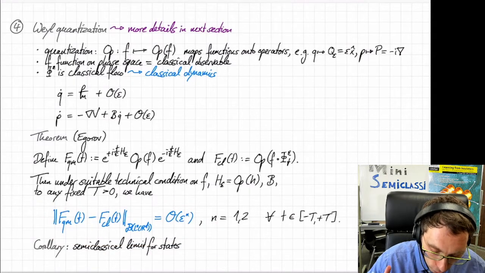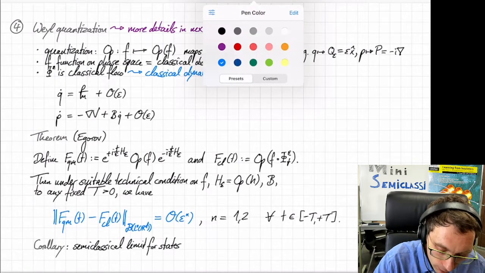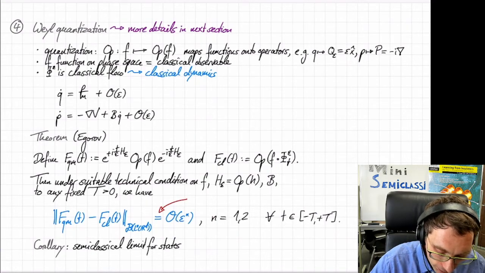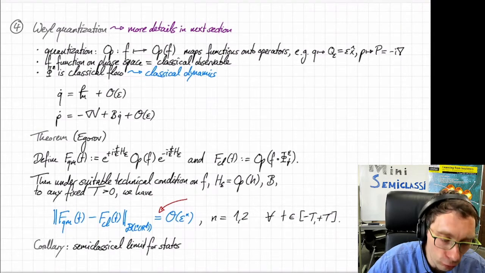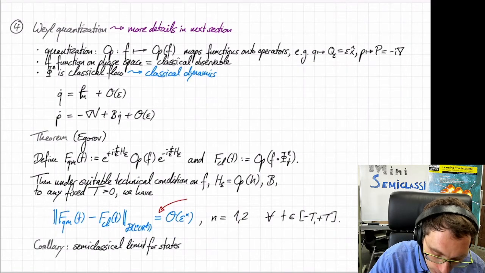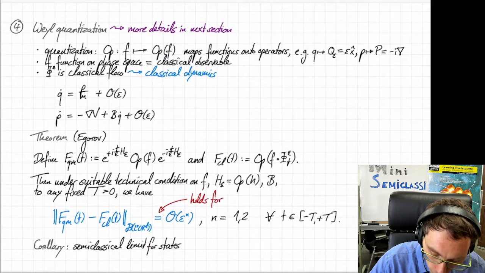But one really crucial thing that I think sets it apart from the previous approaches is that the validity of this does not hinge on me choosing particularly nice semi-classical states. So this limit holds for all states.